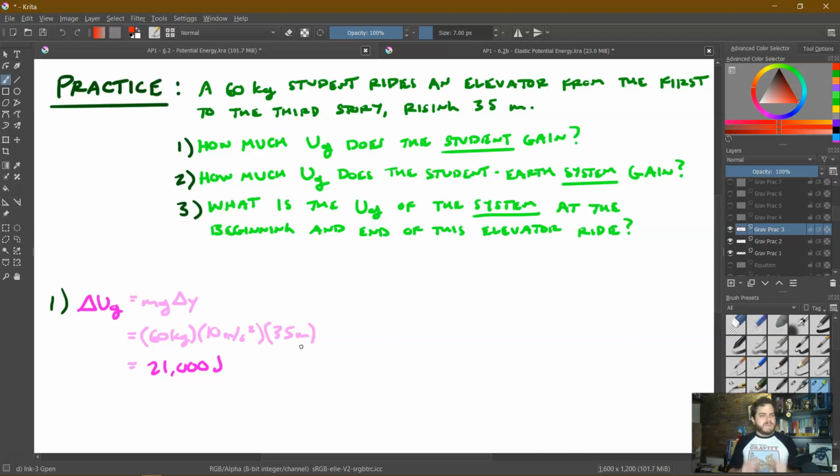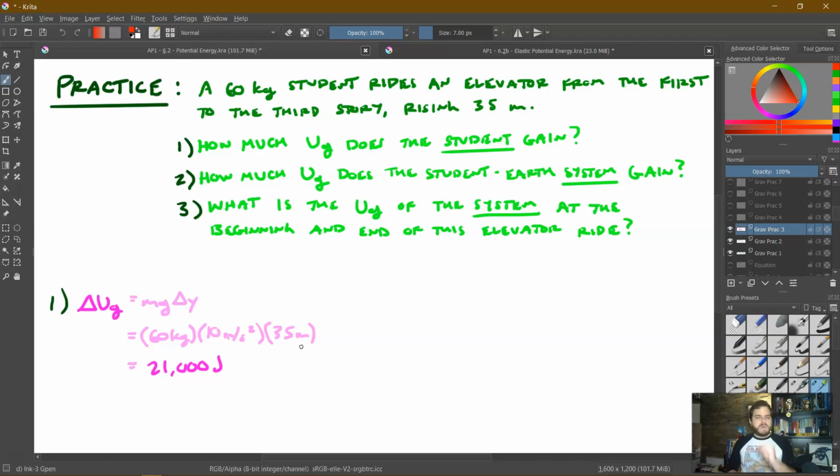And why is this incorrect? Well, if I have an object, how can it gain or lose gravitational potential energy? It must be moving around in a gravitational field. So, we need something else generating that field to be there, or else we can't have any gain or loss in gravitational potential energy.